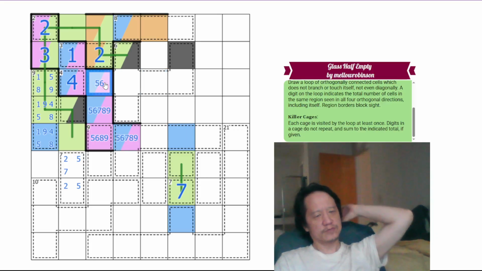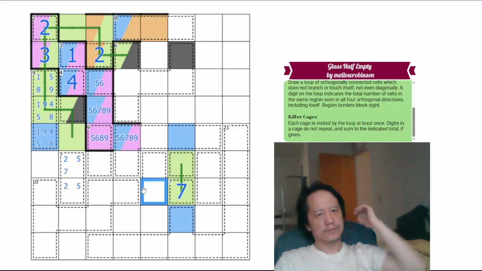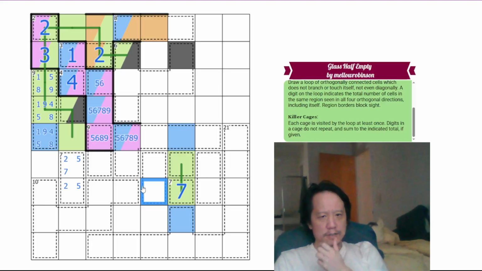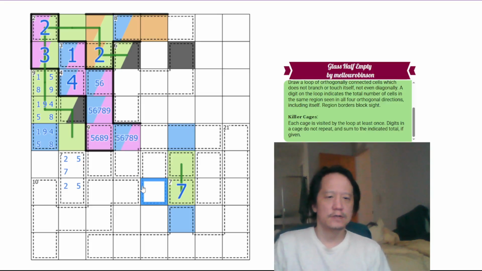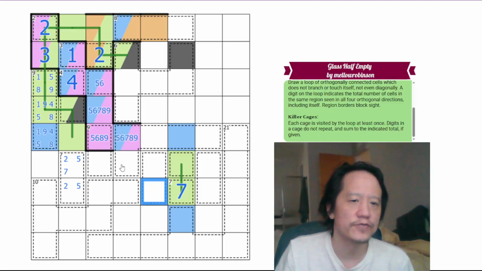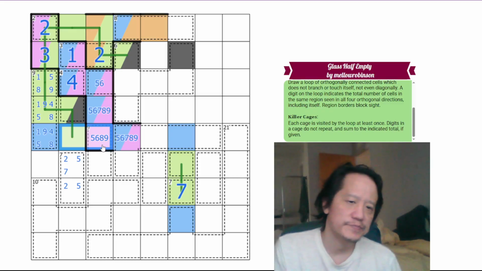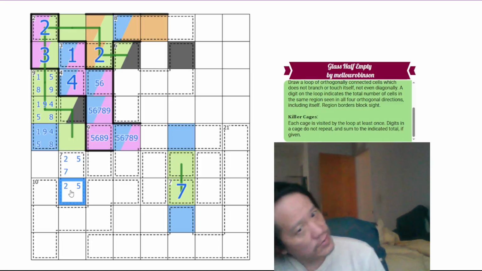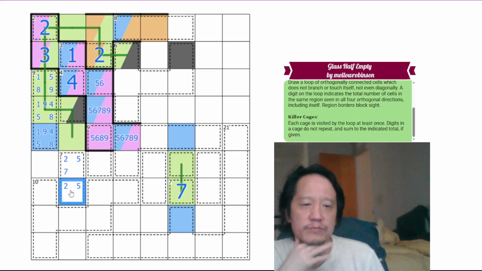That's possible. It has to go through every cage. So if it goes this way, that's 5. It has to double back here. And so it would go through there, but that could be blank. That's possible.